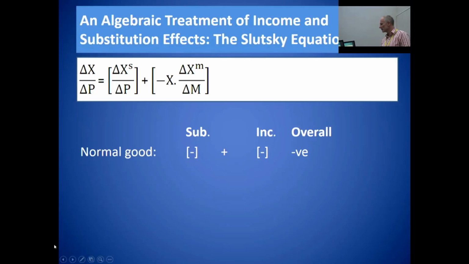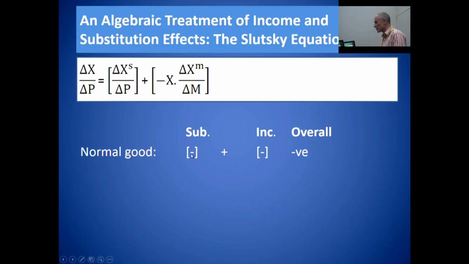And yet I've said the income effect for a normal good is always negative. What are we missing here? We're missing the fact that that positive term related to the income elasticity of demand is multiplied by minus x. And a negative times a positive is always negative.